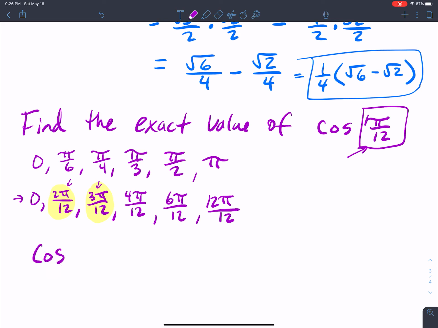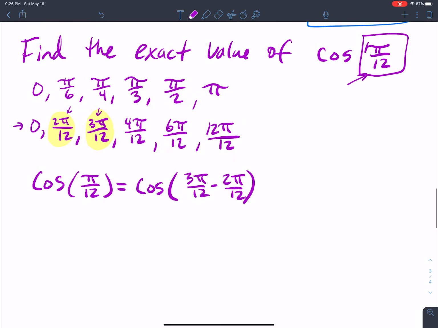So the cosine of pi over 12 is equal to the cosine of 3 pi over 12 minus 2 pi over 12. Okay? And so what is this? This is the cosine of pi over 4 minus pi over 6.